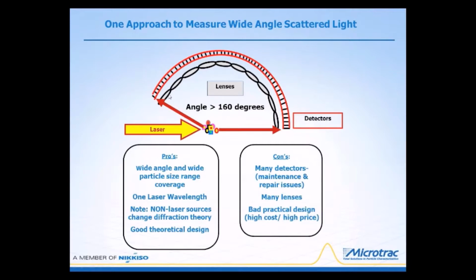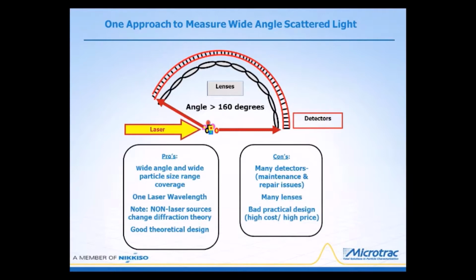Just because of having so many lenses, if any one had to be cleaned, then they would all have to be cleaned. So from a customer point of view and maintenance, this is not a good idea. In addition, from a manufacturing standpoint, this would be a very expensive approach: time-consuming, with many parts, and it would increase the price of the instrument.